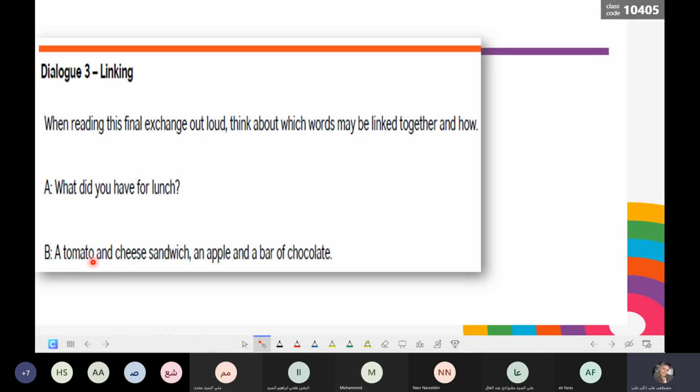So here we have the O, and we need to add a w sound. We say tomato one cheese. We don't say a tomato and cheese. We don't say it like this. Say a tomato one cheese.